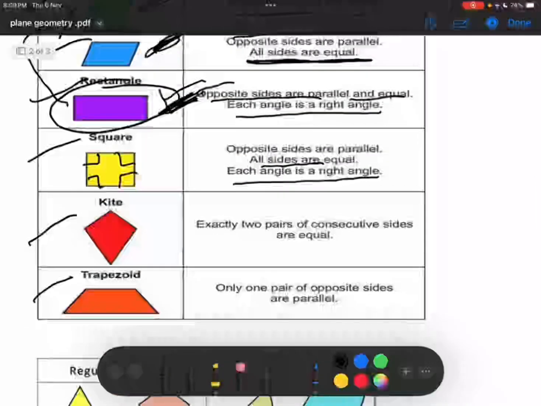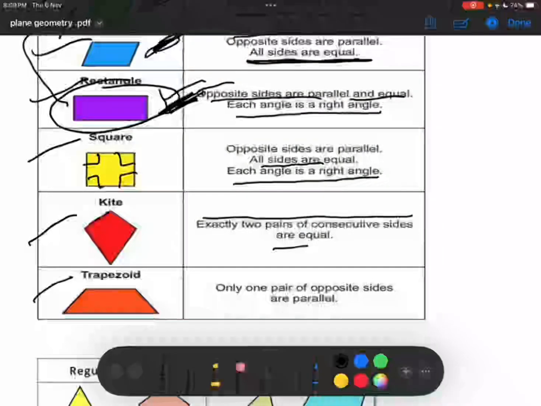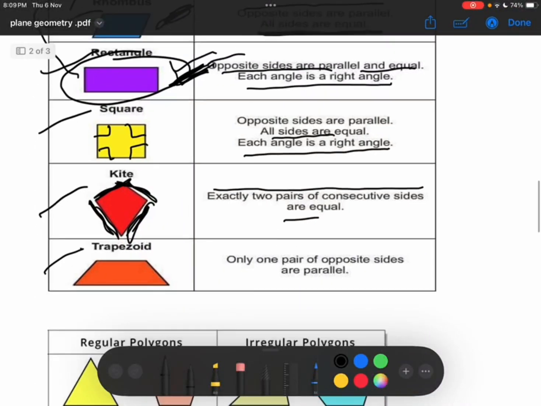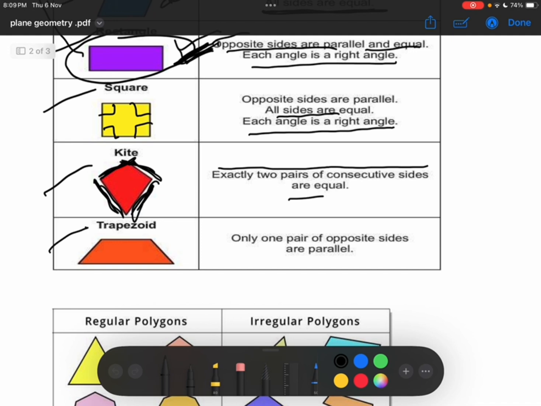Next one is kite. Exactly two pairs of consecutive sides are equal. So you can see consecutive sides, these sides and these sides both are equal, and these sides and these sides are equal. Now next is trapezium. It is a quadrilateral in which one pair of opposite sides are parallel. So you can see here these sides and these sides are parallel to each other.